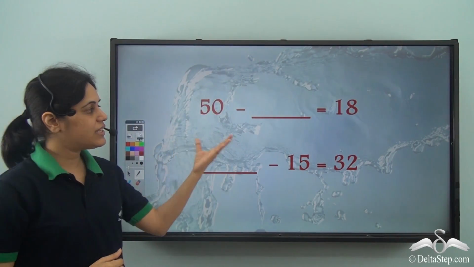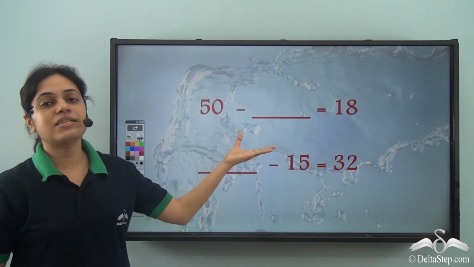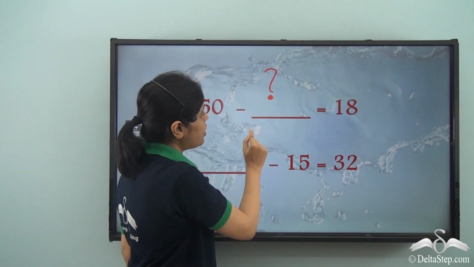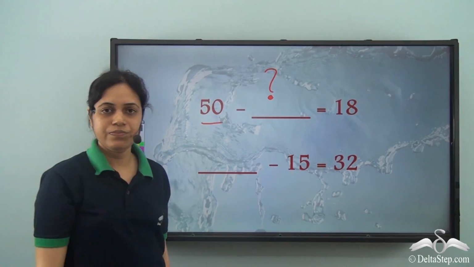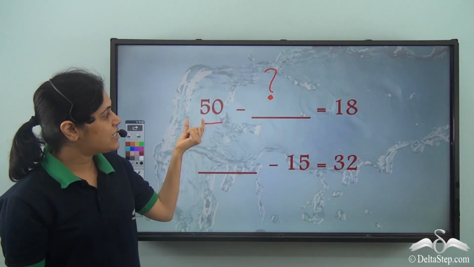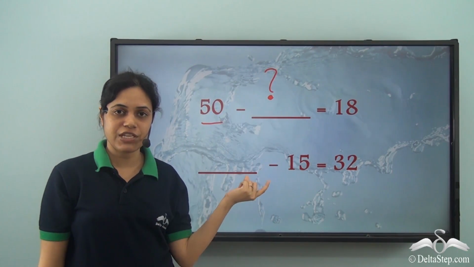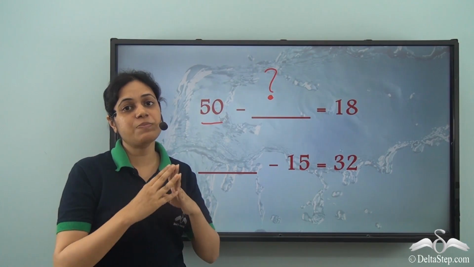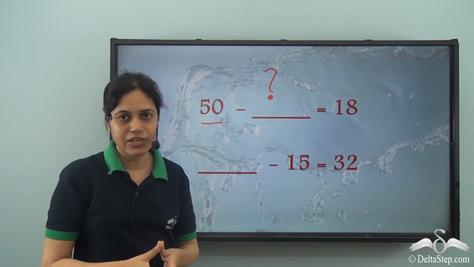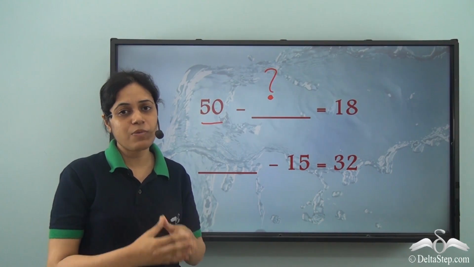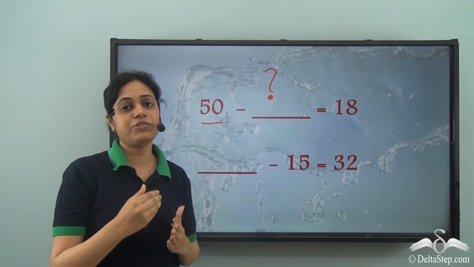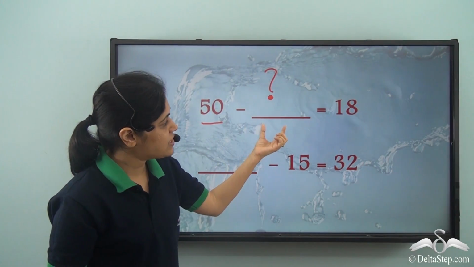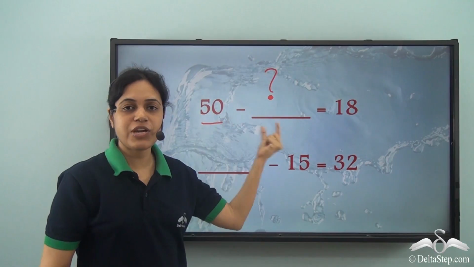So in this case, since this is subtraction, this number is smaller than this number, because we are taking away something from 50. Now I cannot take away a number which is bigger than 50 from 50. I will always take away a smaller number. We always subtract a smaller number from a bigger number. So to find a smaller number, I need to subtract.